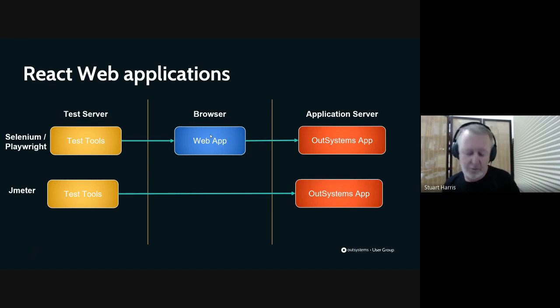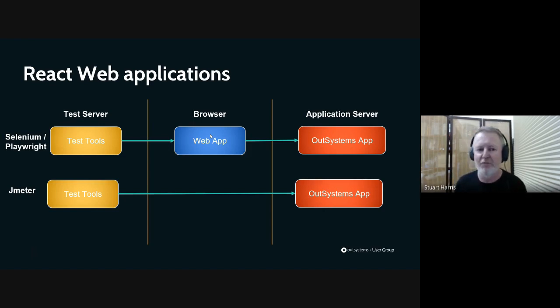When I've done tests on single page applications, for the scenarios that I've used, using something like JMeter was enough for me, because the browsers are fast enough, and the JavaScript in the browser hasn't really been a problem. How do I know that? Well, good question.